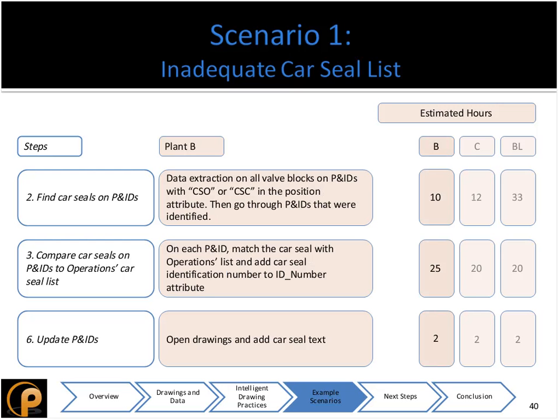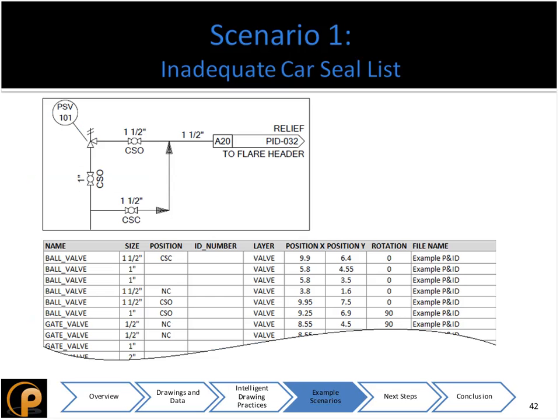Plant B, however, is able to do a very similar extraction. So now you can think of looking at all your valve blocks on your drawings and looking within those at the CSO and CSC attribute. So here I have an example of what an extraction might look like.